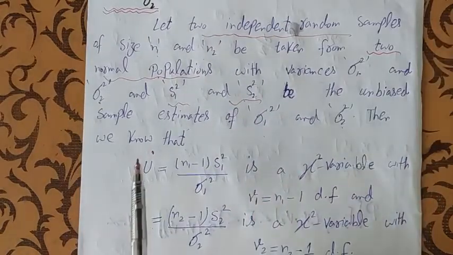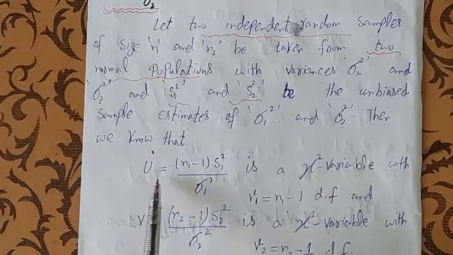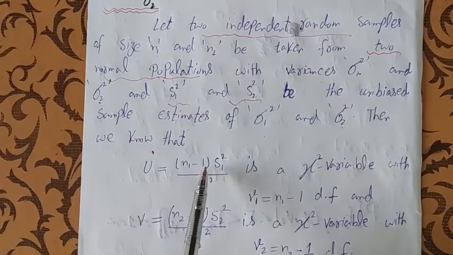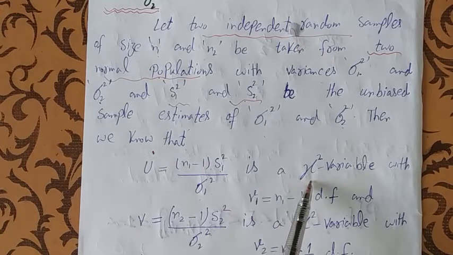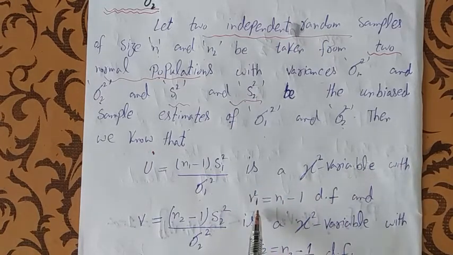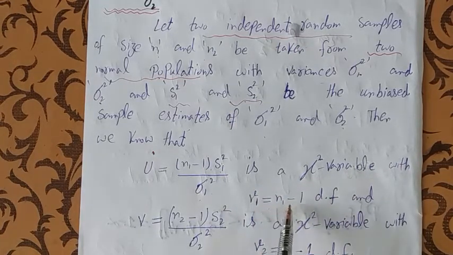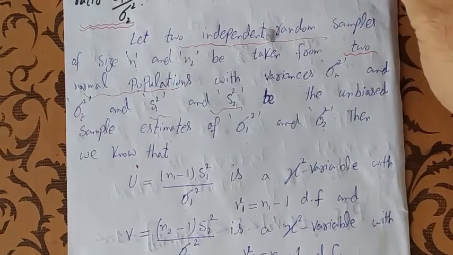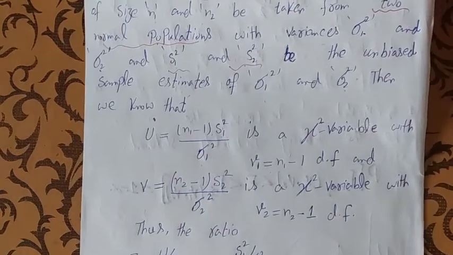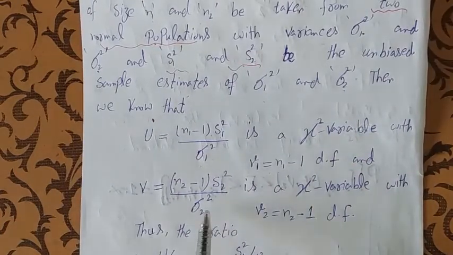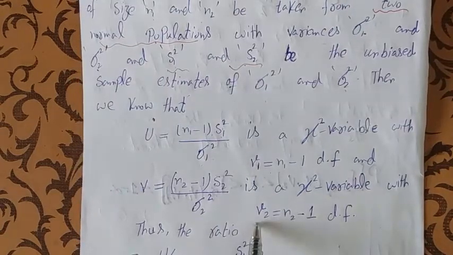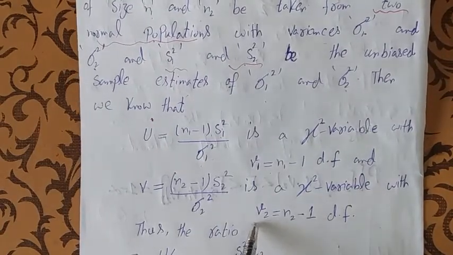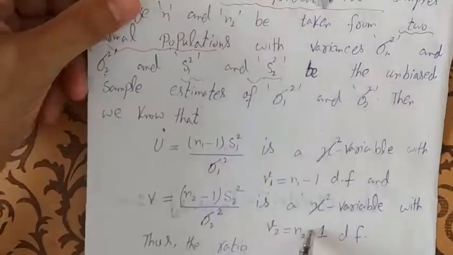Then we know that capital U is equal to n1 minus 1 into S1 square over sigma 1 square, a chi-square variable with nu 1 equal to n1 minus 1 degrees of freedom. Similarly, capital V equals n2 minus 1 into S2 square over sigma 2 square, a chi-square variable with nu 2 equal to n2 minus 1 degrees of freedom.